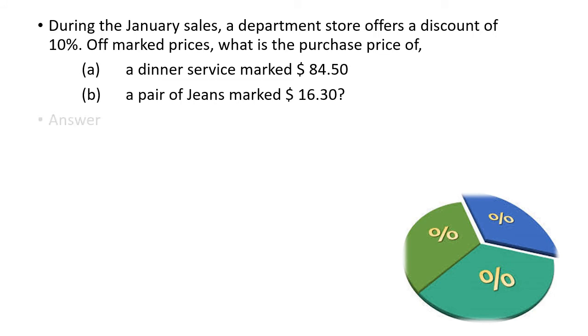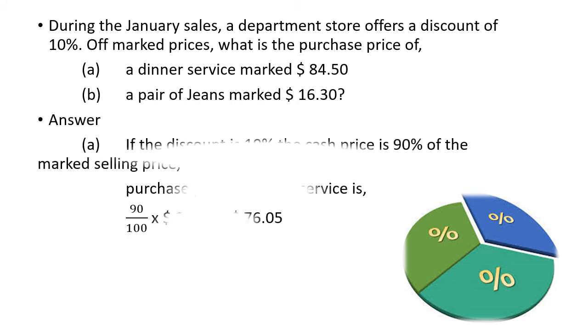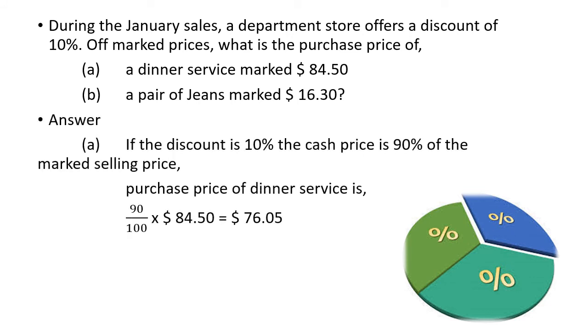Check these answers. For Part A, if the discount is 10%, we have to subtract it from 100. 100 minus 10%, the cash price is 90% of the marked selling price.